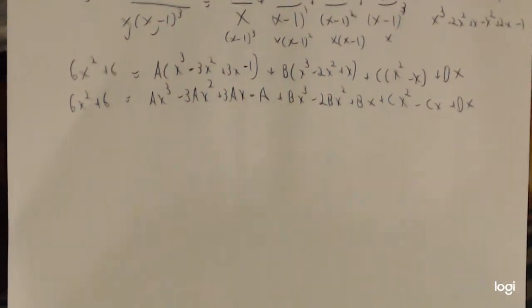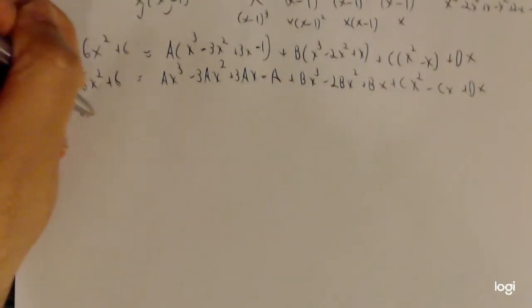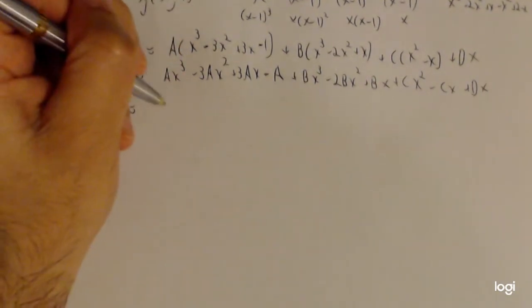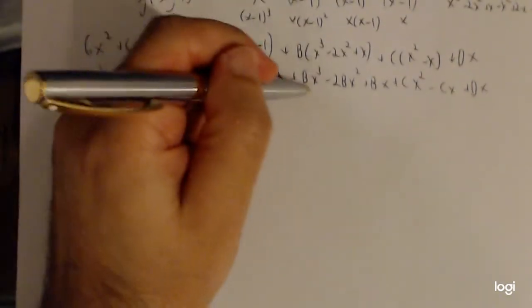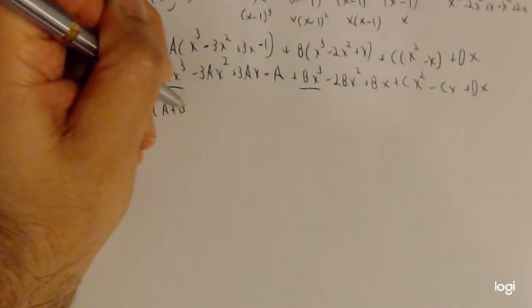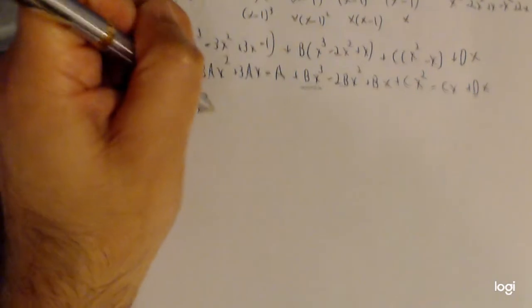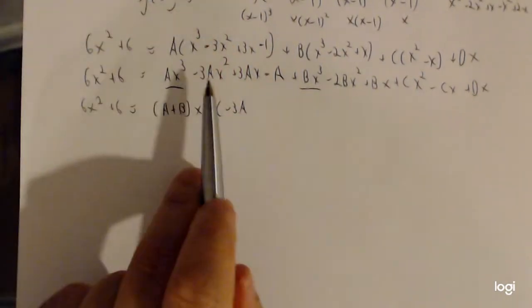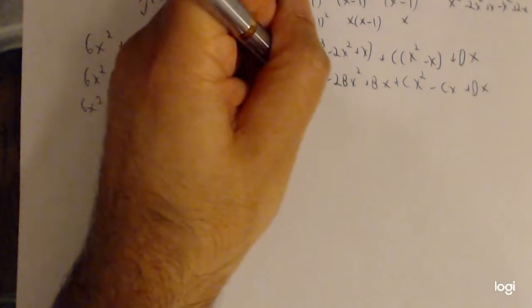Okay? So now let's combine like terms. So 6x squared plus 6 equals, so the x cubes, what do I have? I have an a plus b, and that's it, right? So it'll be a plus b times x cubed plus, for the x squareds, what do I have? I have a minus 3a minus 2b plus c, x squared.